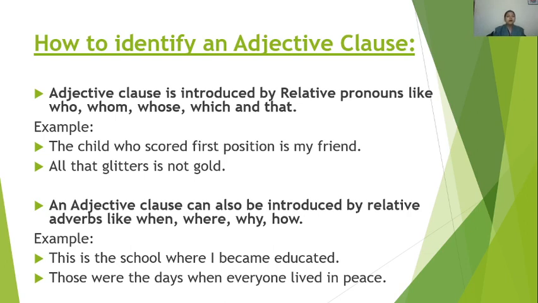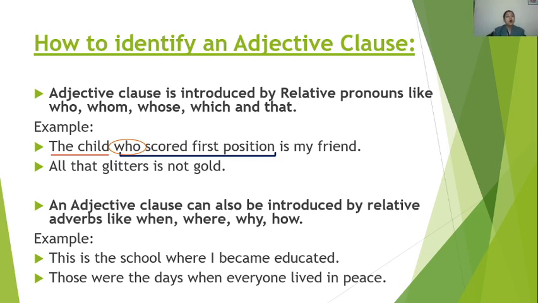So here, who scored first position? This should be my adjective clause. And this adjective clause is introduced by a relative pronoun. And what is that relative pronoun? Who. And this whole adjective clause is modifying which noun? What is that noun? The child. And as the child is a noun that is modified by this group of words, that is why it is adjective.